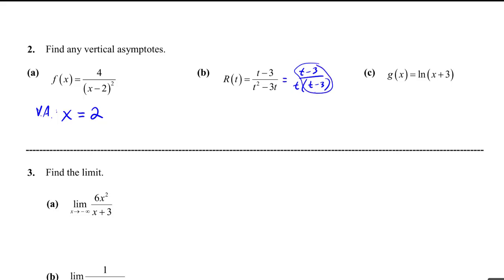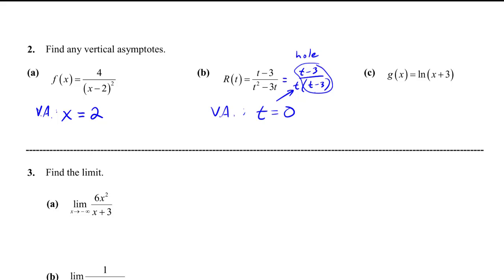But I have to notice that a canceling factor like that is a 0 over a 0. We've seen this before. That ends up being a hole in the graph. And in fact, the only vertical asymptote is from t equals 0. So if you have a canceling factor there, that's a hole in the graph.